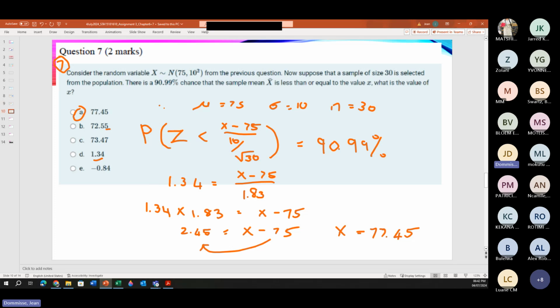The approach is the same. The only difference is that question 4 is to do with study unit 6, so it does not include a sample, whereas question 7 is of study unit 7. So we now look at sample distribution, so it does include a sample that you need to work with.